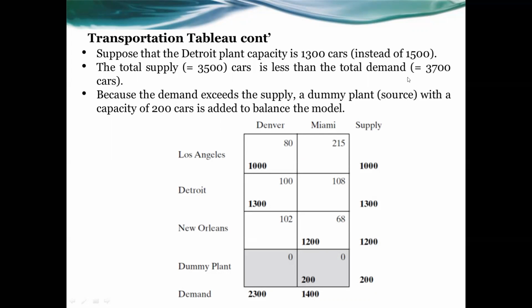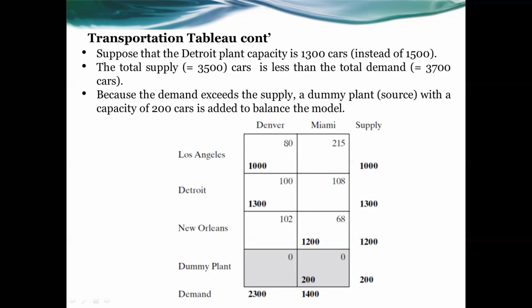Now we have an imbalance of 200. What we can do is include a dummy supply row. We call this a dummy plant, as your textbook says.